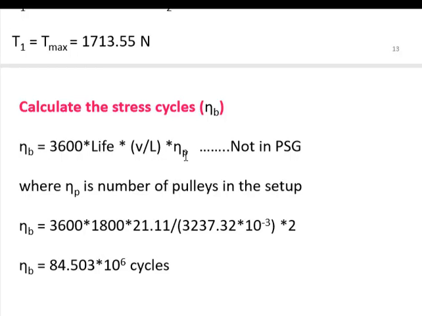Eta p means the number of pulleys along the drive, and we have selected two pulleys. One is the driven pulley, the other is the driver pulley. Since there are only two pulleys, I will write that value as 2. When I substitute the values, my eta b stress cycle comes around 84.503 into 10 raised to 6 cycles.